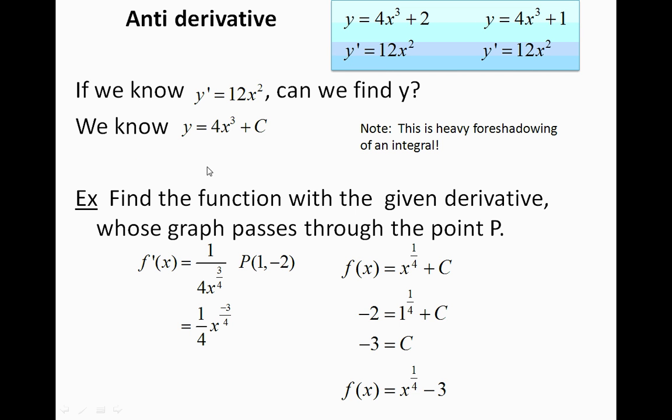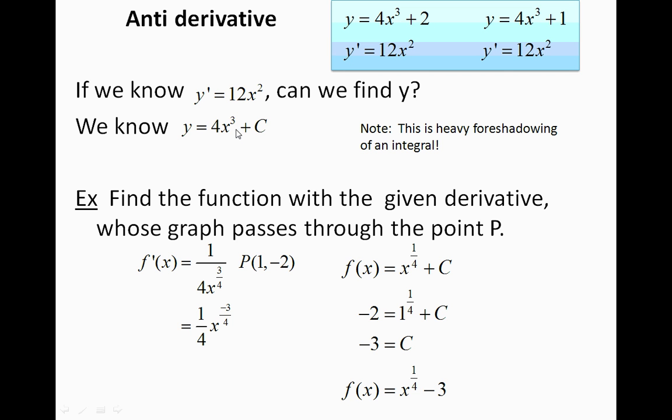Well, if I don't have any other information, all I know for y is that it would be 4x cubed plus some sort of constant. There's no way to really know whether it's a 2 or a 1 or something else. So the antiderivative would be in this format where there's some constant on the end, and I would need more information to figure out what that value is.